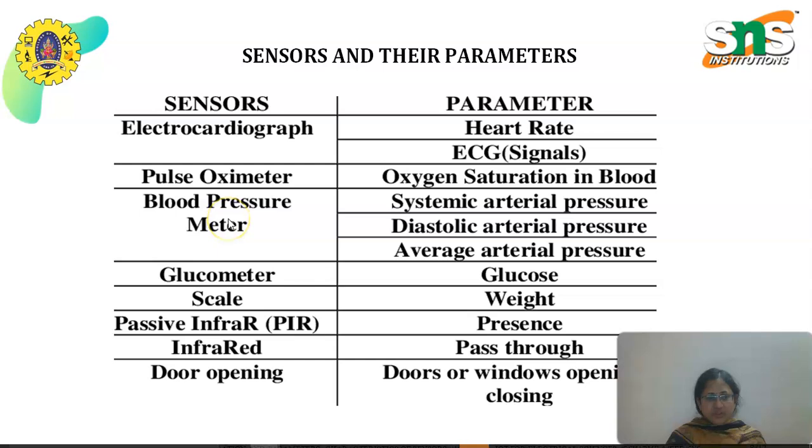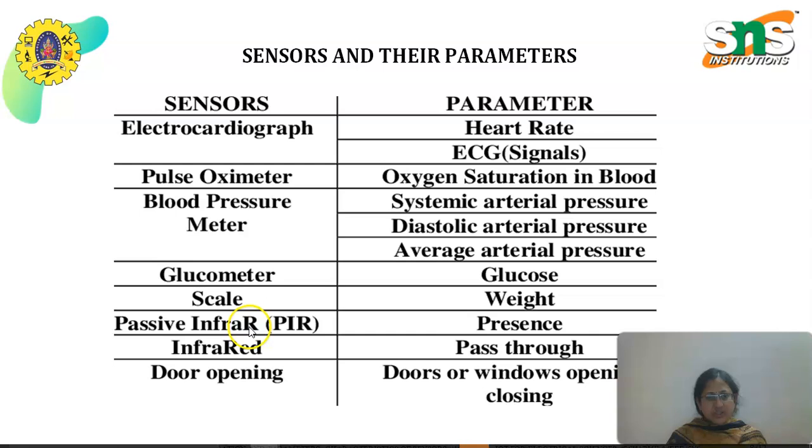And blood pressure meter, we can identify the systemic arterial pressure, diastolic arterial pressure, and average arterial pressure. Glucometer. In glucometer, we can measure the glucose level in the blood. And the scale, we can measure the weight of the human being or any objects.